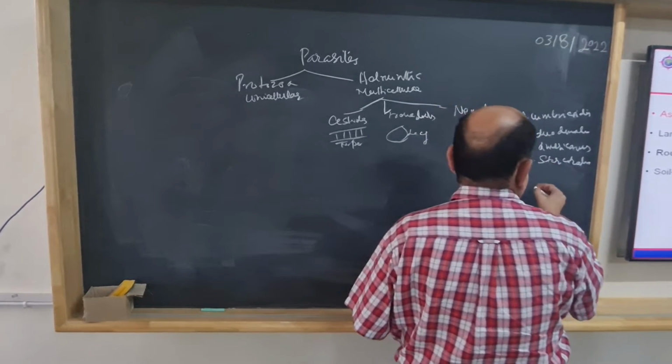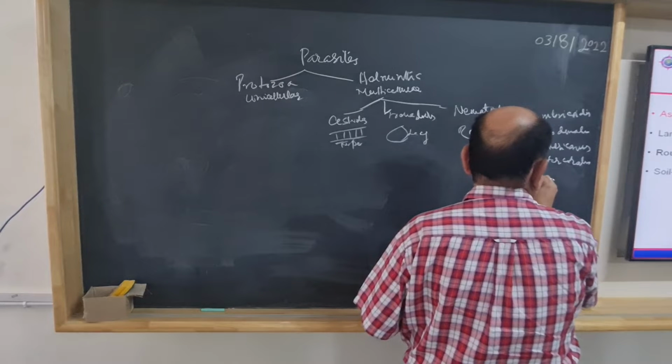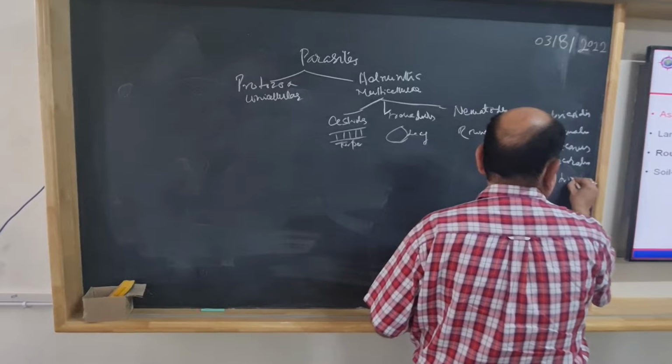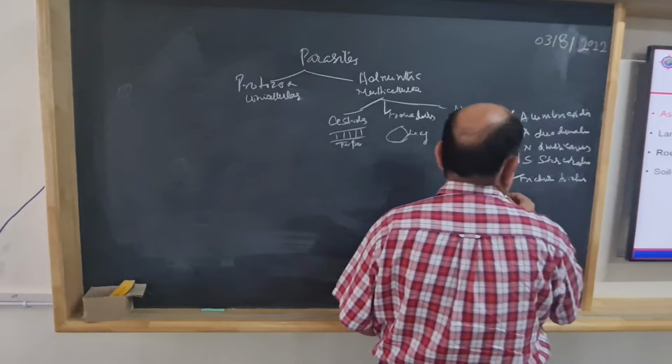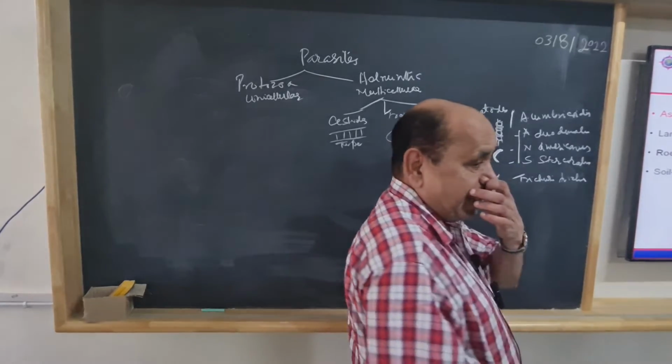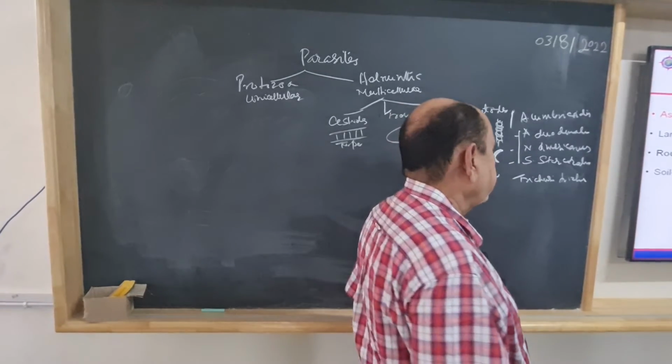Then Trichuris trichiura is called whipworm. The posterior end is thick and the anterior end is thin.